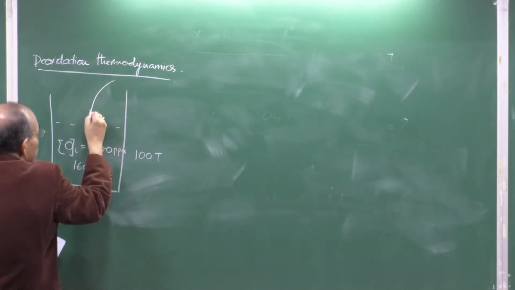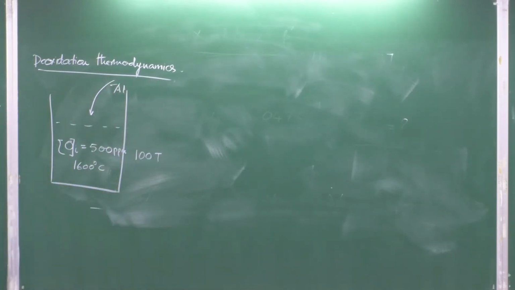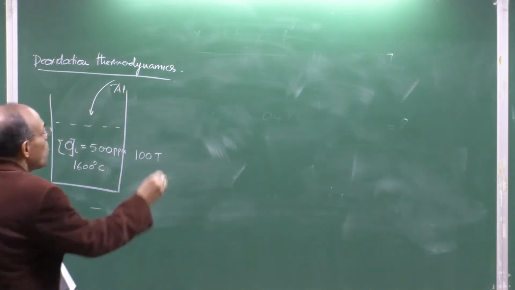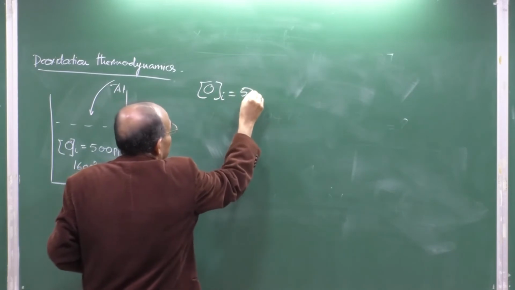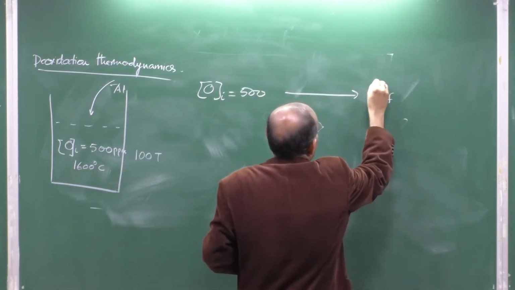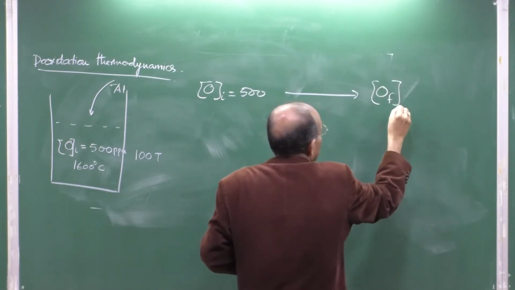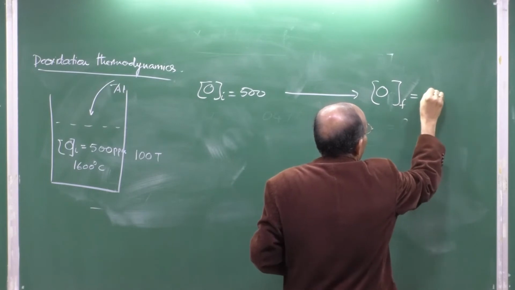Okay. And then we are adding, suppose, aluminum, which is known as one of the powerful deoxidizer elements. Our target is to go from initial dissolved oxygen, which is 500, to a final oxygen of, say, 40 ppm.